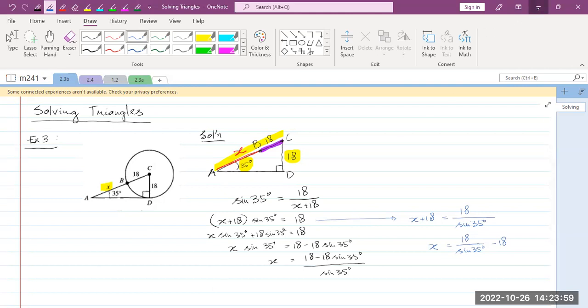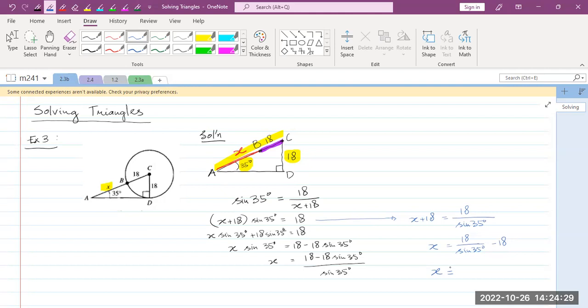Now I need to use the calculator to solve this. I use my calculator, you use your calculator also. Let me compute the one in blue first.